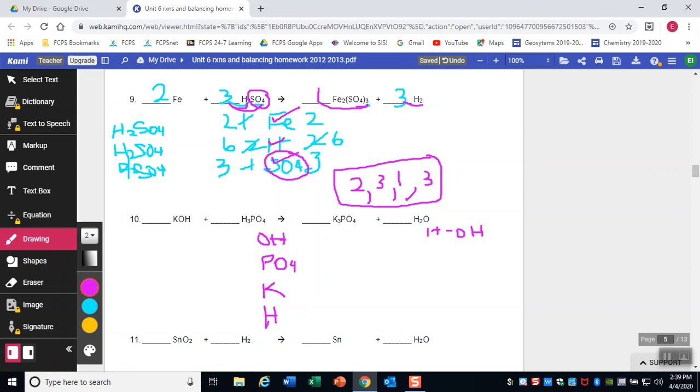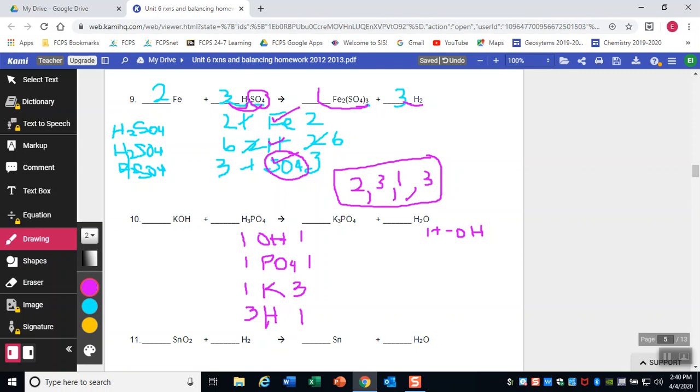All right, so over here I have one potassium, one hydroxide, 3 hydrogens, and 1 phosphate. And here I've got 3 potassiums, 1 phosphate, and here I've just got 1 water, so that's 1 hydrogen and 1 hydroxide.